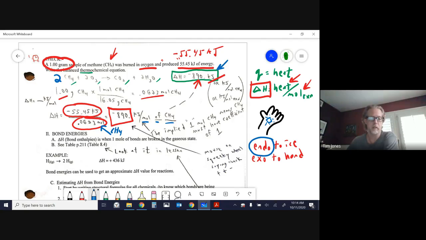So if it was negative 890 kilojoules per mole of CH4, if we want to write this alongside the reaction, you'd have to think, oh, okay, well, I've got 2 moles of CH4 according to the reaction, so I just double this. And so you could double this and then write it according to the reaction. In other words, it would be double that for 2 moles of CH4. But in this case, we don't need to worry about it because our CH4 was a 1.